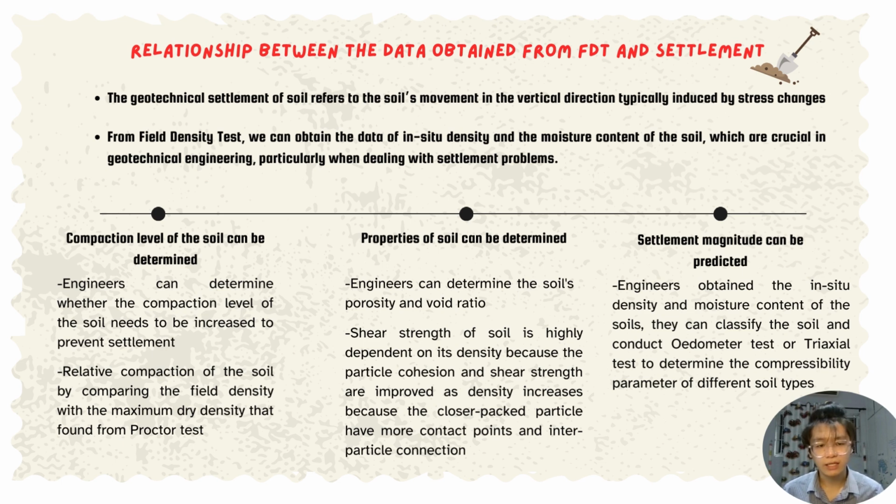The last information that engineers can determine is the settlement magnitude. Engineers obtain the in-situ density and moisture content of the soils. They can classify the soil and conduct oedometer tests or triaxial tests to determine the compressibility parameter of different soil types. The formulas are given in our project.